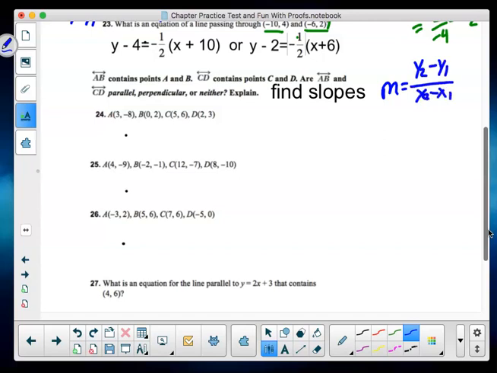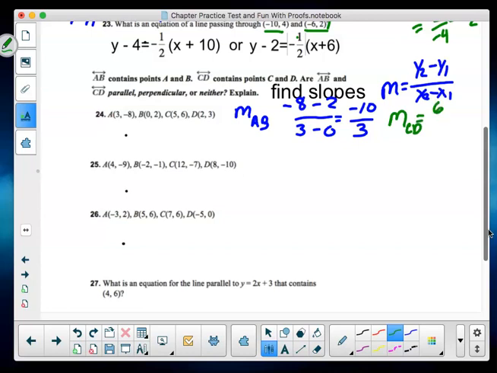So I have to find the slope of AB. I've got my formula to the right there. Negative 8 is A over 3, and B is 2 over 0. I find their difference, and I find that this is negative 10 over 3. My slope of CD is going to be 6 over 5 and 3 over 2.